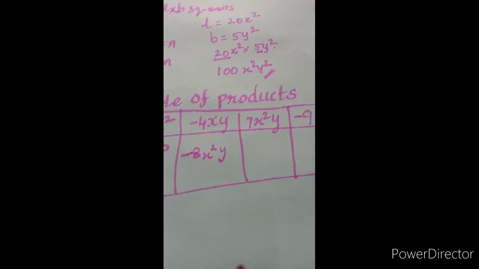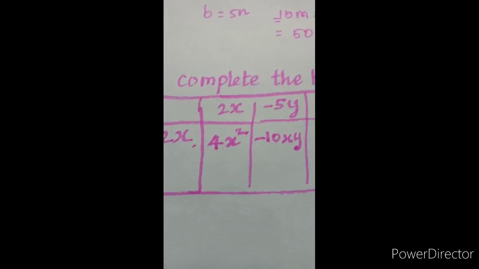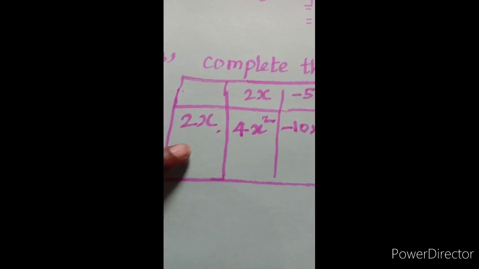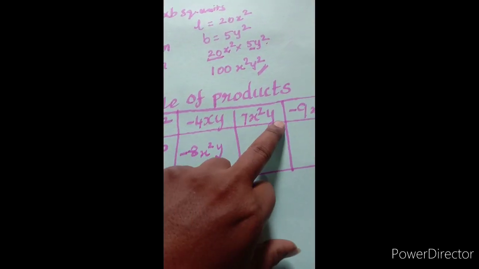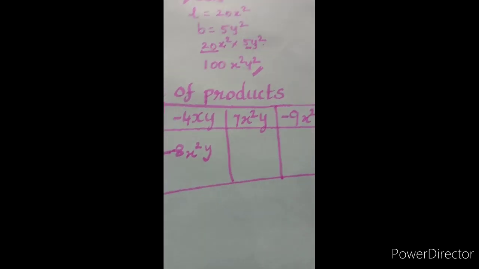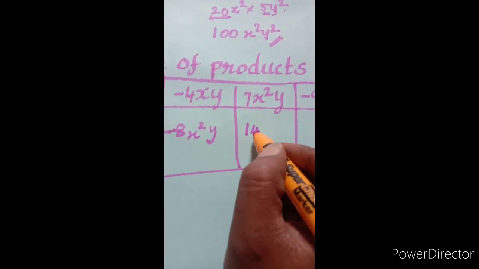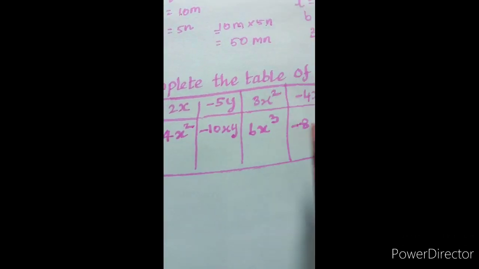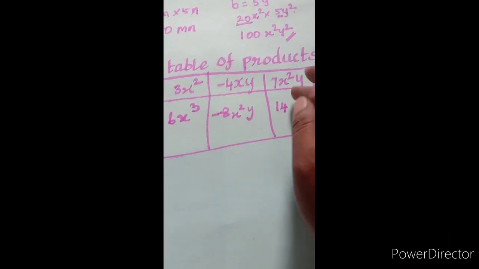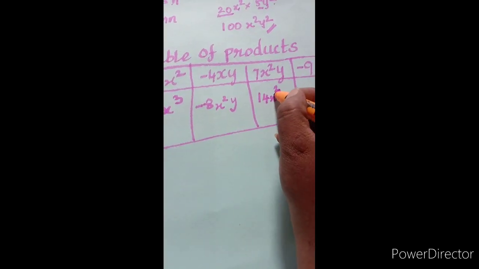Next one, 2x in this column, 2x. Here 7x squared y. 2 sevens are 14, x into x squared, x cubed, remaining only 1y.